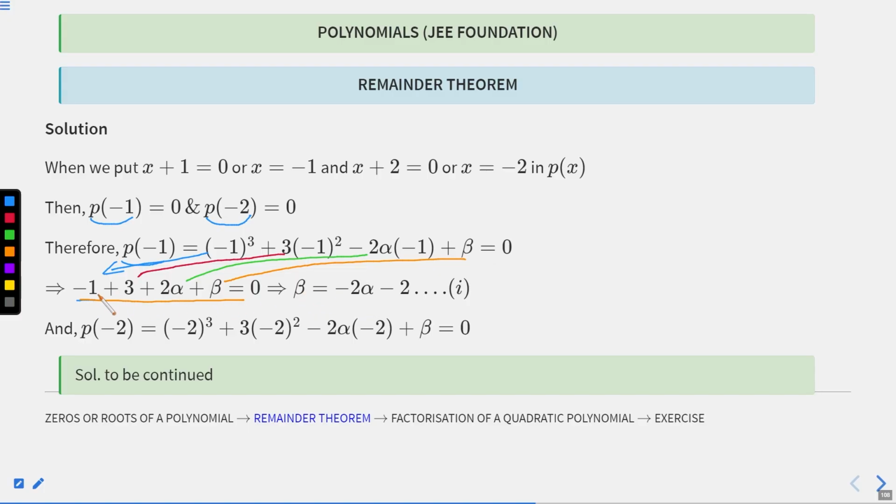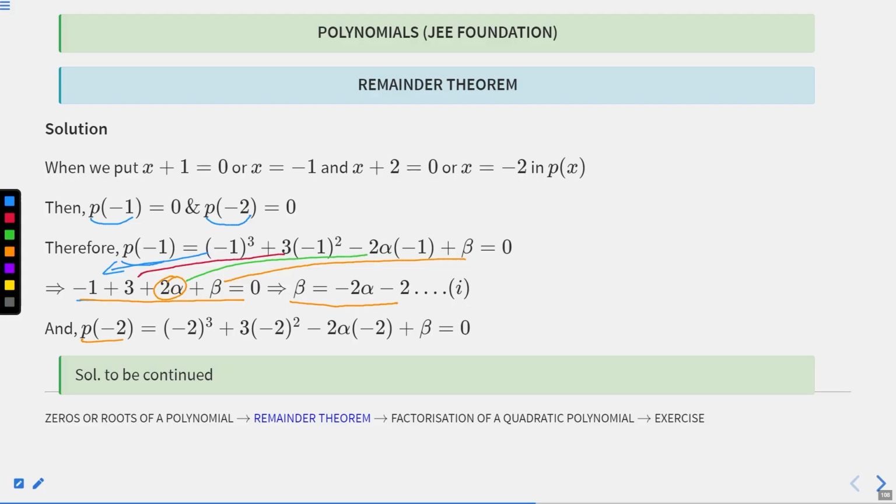Taking this plus 2 to the right hand side gives minus 2, and the sign of the other term also changes. So beta is equal to minus 2 alpha minus 2. I hope this is clear to you.